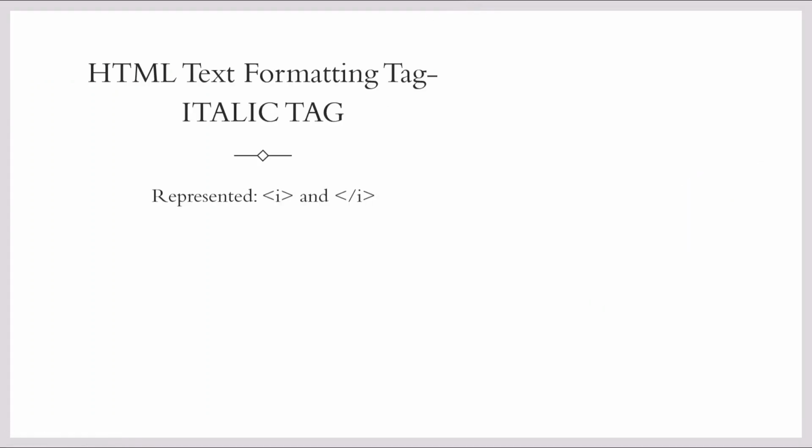Now it is the italic tag, which is represented as I and /I. This tag is used to instantly change the style of your text into italic. Here is the example.